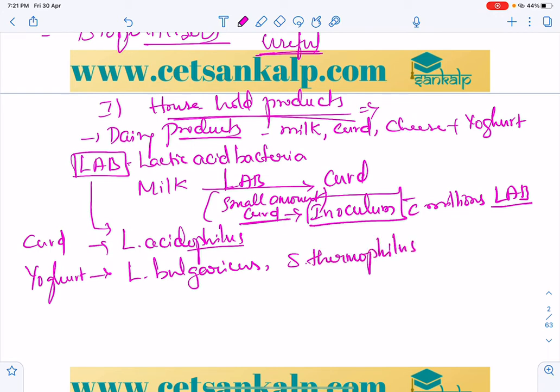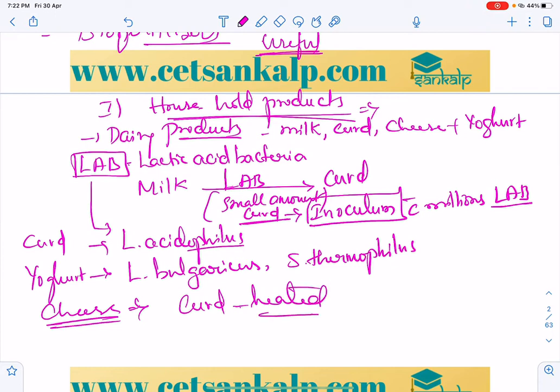Milk is curdled with the help of LAB to obtain curd, and curd is heated to separate cheese from whey. If you consider the cheese, the curd which is obtained will be heated.